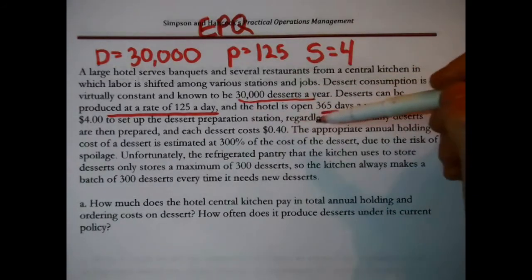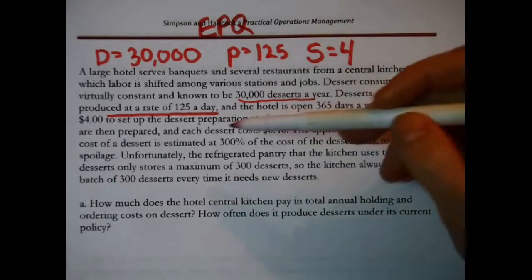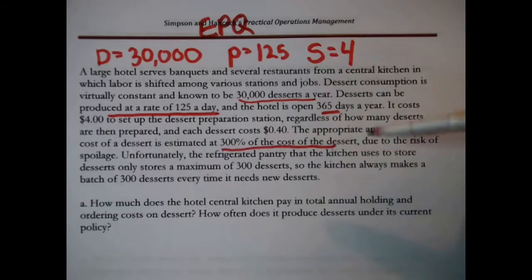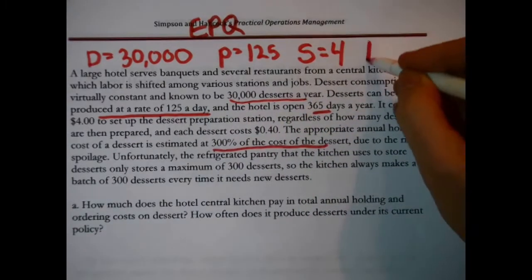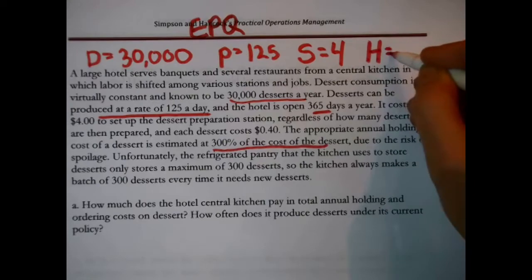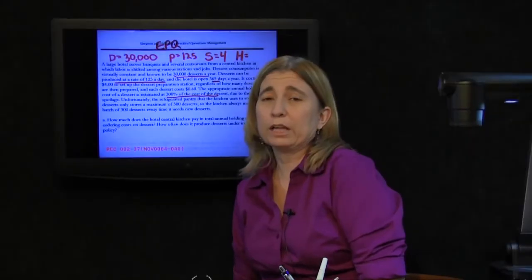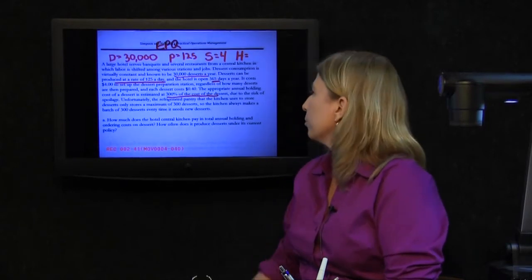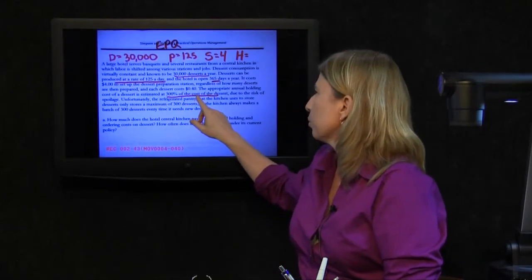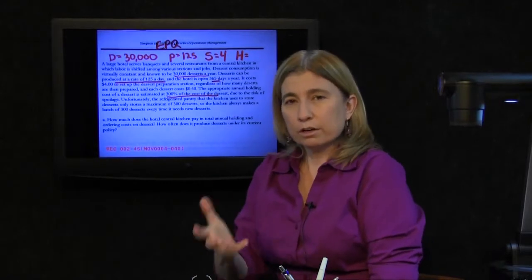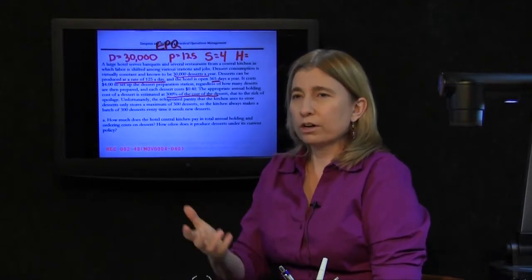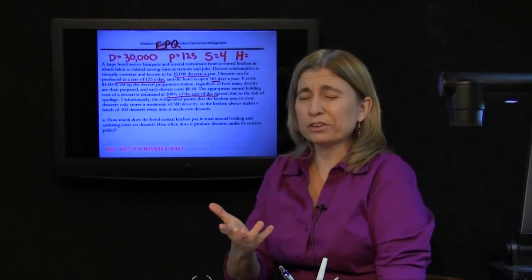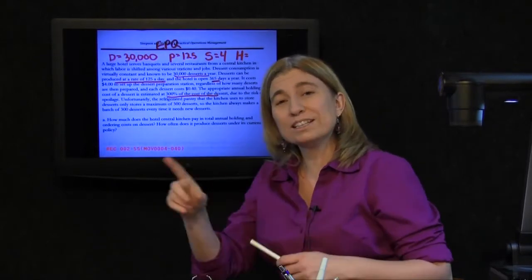That's the unit cost. The appropriate annual holding cost of a dessert is estimated to be 300% the cost of the dessert due to the risk of spoilage. That is the information that we need for capital H. H is the cost of holding one unit in inventory for 1 year. The dessert costs 40 cents and the cost of holding it annually, like you would hold a dessert for 1 year, but nonetheless is 300% or 3 times that.